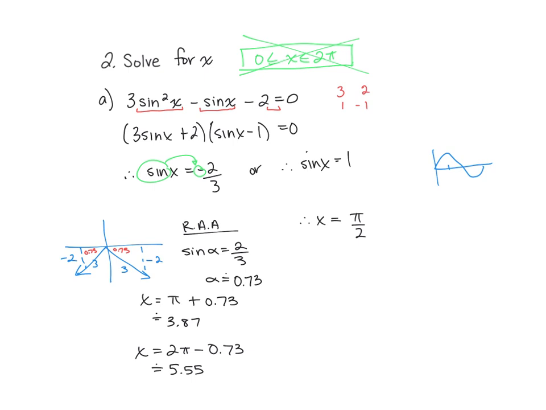However, now we know that x is equal to 3.87 plus 2 pi k, k is an element of integers. x is equal to 5.55 plus 2 pi k.